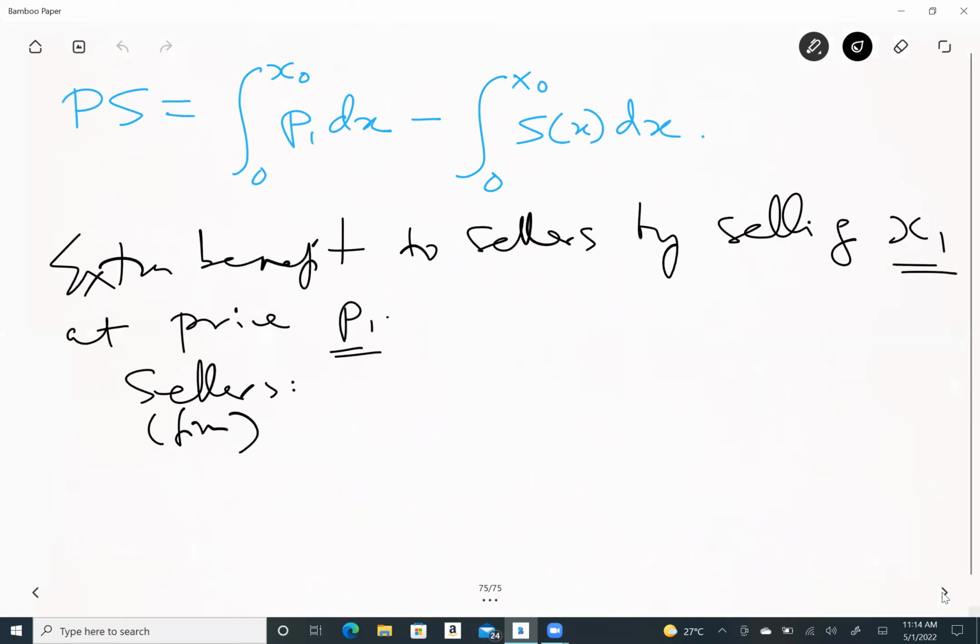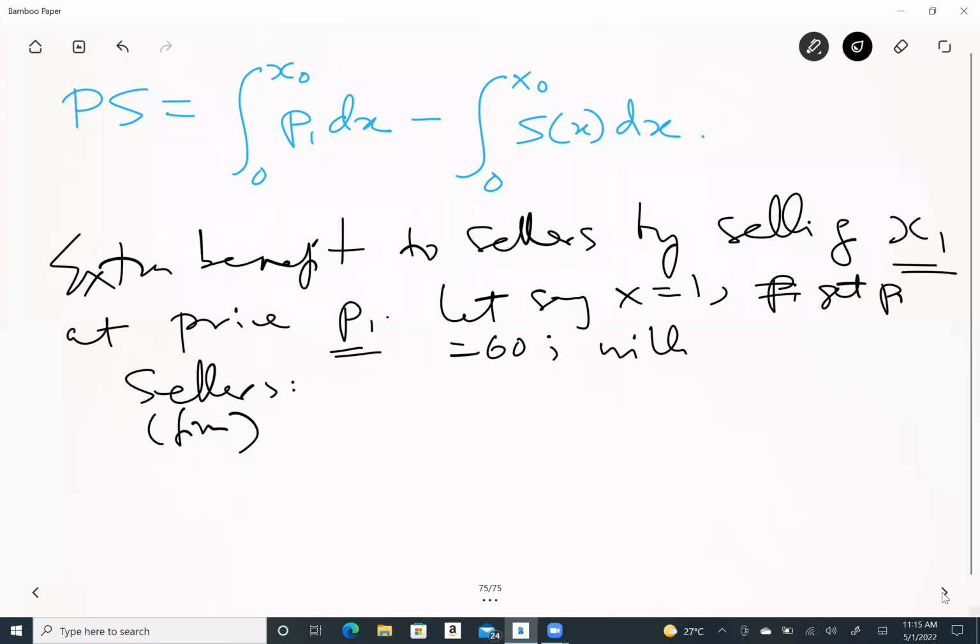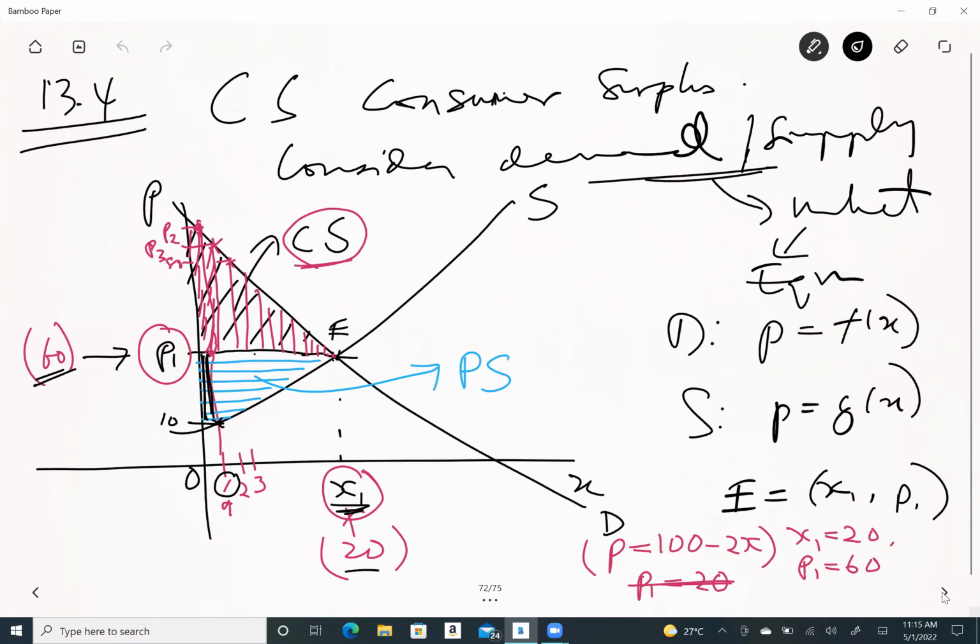So example, let's say X equal to 1. What you get is P1, which is equal to the market price. But how much am I willing to sell at? I'm willing to sell only at a lower price, which is the price on the supply function. That would be equal to, say, P4.